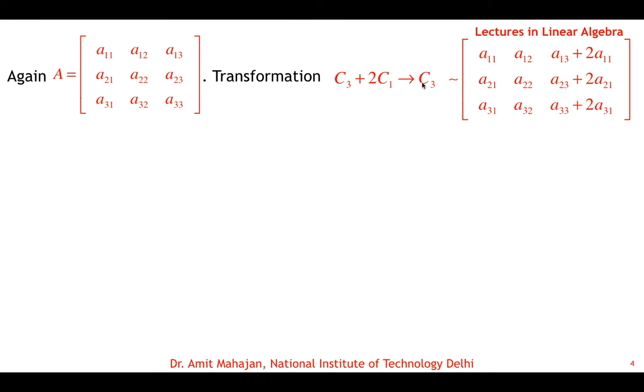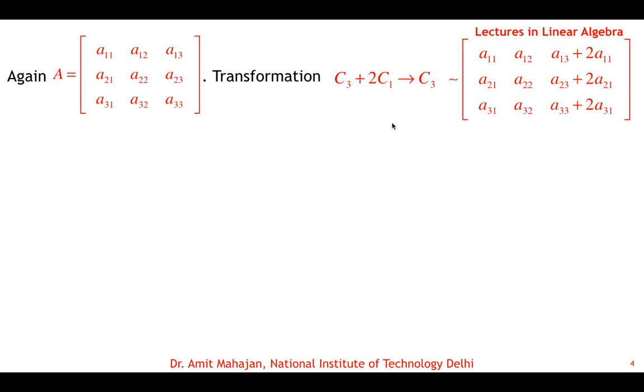So column 3 is rewritten as column 3 plus 2 times column 1. So A13 plus 2 times A11 becomes the first element of the third column. Similarly, the second element and third element of the third column are changed by this transformation.